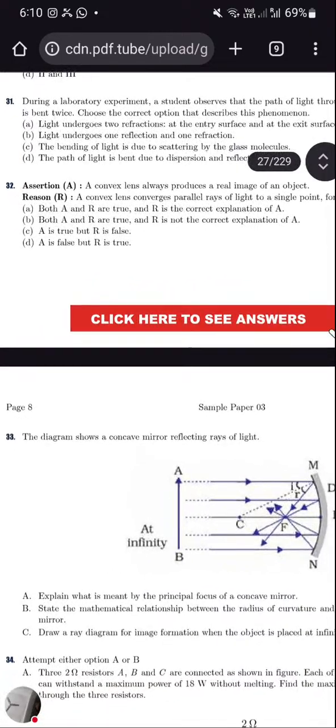So that will be the correct statement. What is the correct answer for 32? 32D. A is false but R is true.